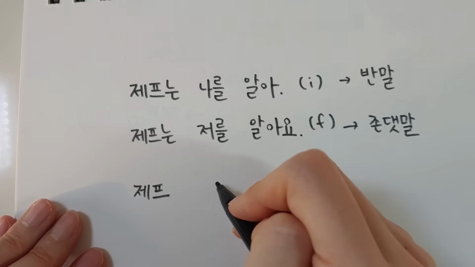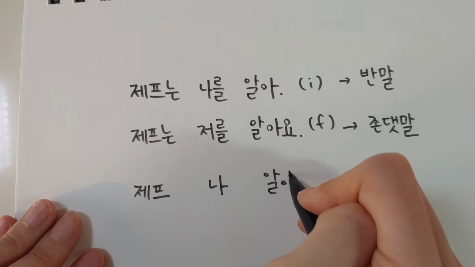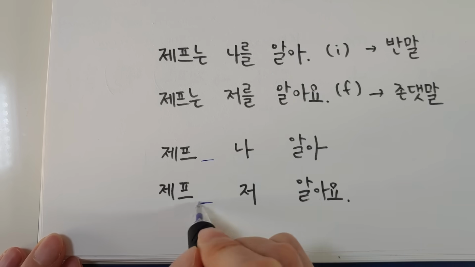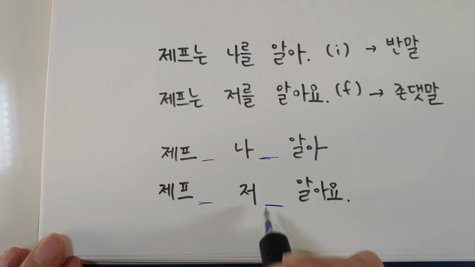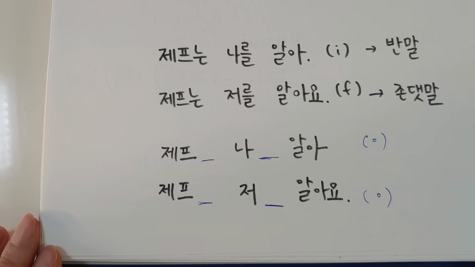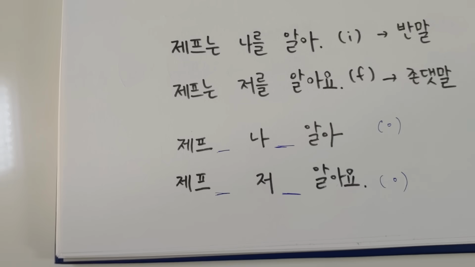And other than that, you can also say 제프 나 알아 or 제프 저 알아요, which are the same with the above two sentences, except that the particles are removed here. And this works fine here, it's grammatically acceptable, but that doesn't mean the particles are always removable. Whether they're removable or not depends on the context.